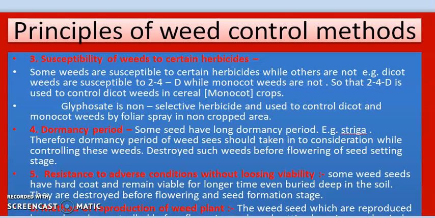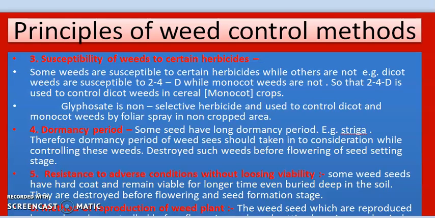Then the dormancy of seed. Dormancy of seed means some seeds have a long dormancy period, or their seeds remain in dormant condition for long duration. So these weed plants are also controlled before the flowering and seed setting stage. For example, striga.